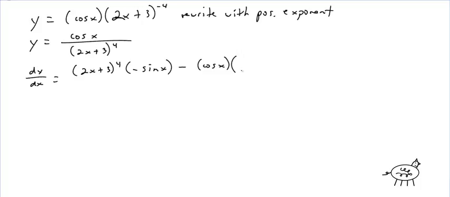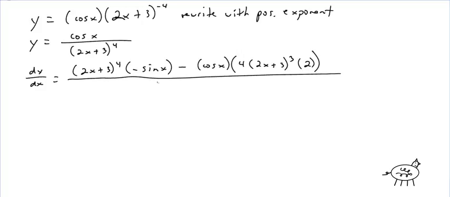What we have to use here is the chain rule. So it's going to be 4 times (2x plus 3) to the third power, times the inside, which is 2. And then, of course, it's all over (2x plus 3) to the 8th power.